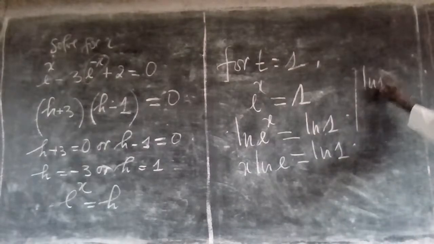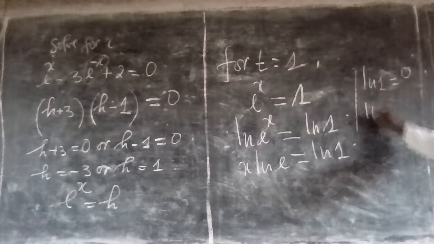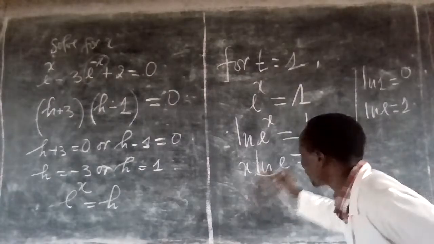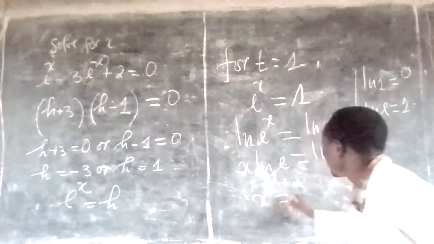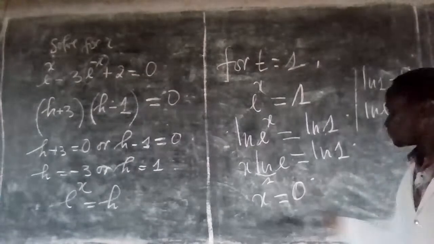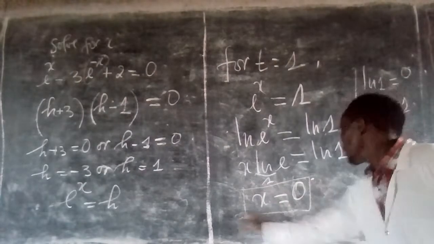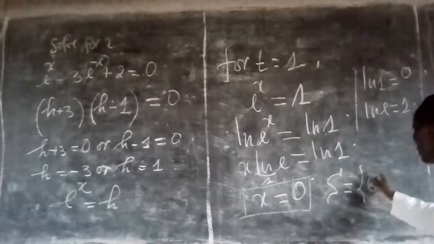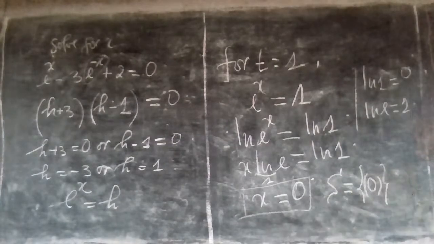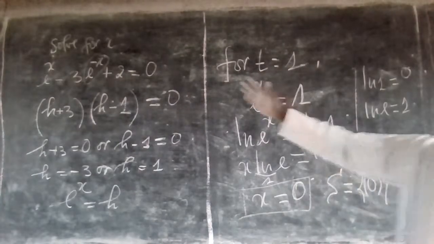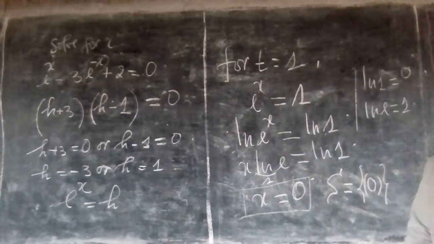So ln of 1 is equal to 0, but ln of e is equal to 1. Finally, it is 1 times x, which is equal to 0. You see, this is the final question 1. Now the solution will be 0. Yes, this is the final equation for how to solve this kind of exponential equation.